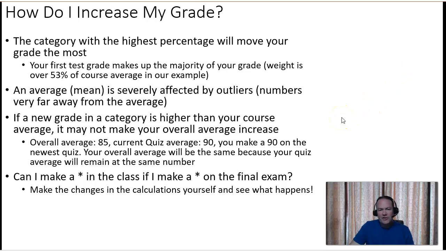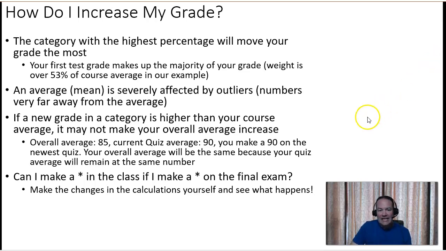Something else that happens, if a new grade in a category is higher than your course average, it may not make your overall average increase. Let me give you an example. Let's say that your overall average is 85 and your current quiz average is 90. Okay, so when we do go through and add together and divide for your quiz grades, you get a 90%.